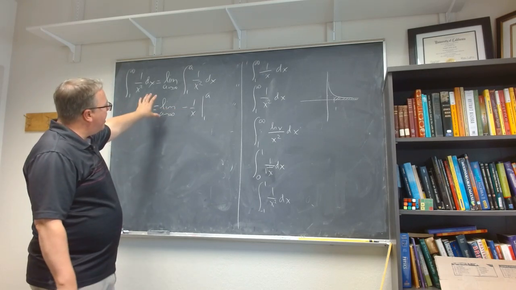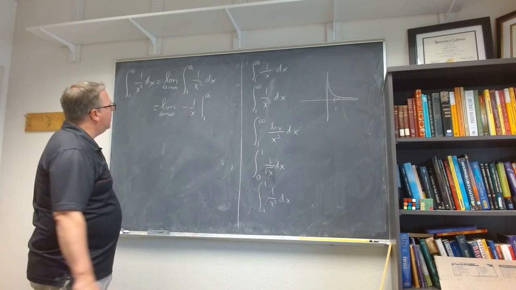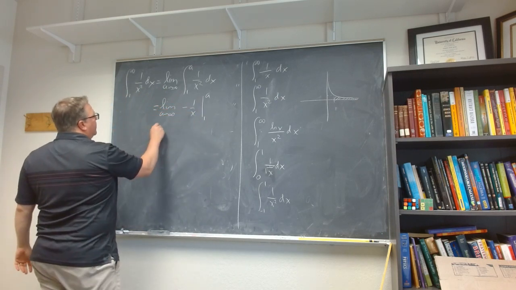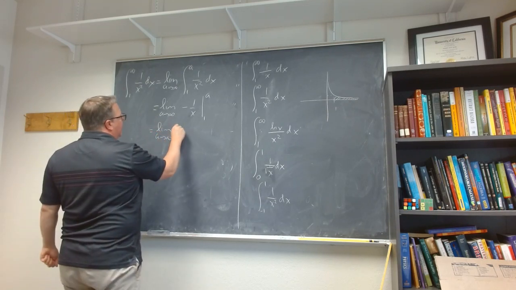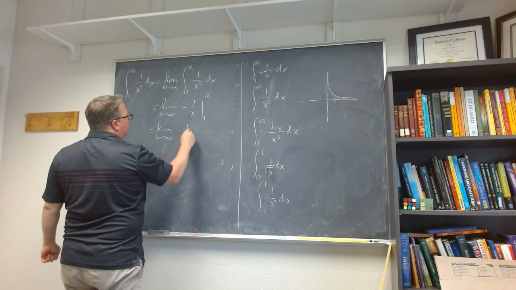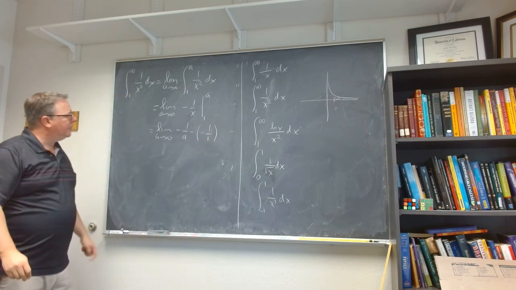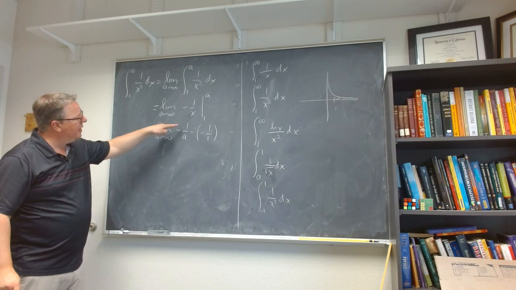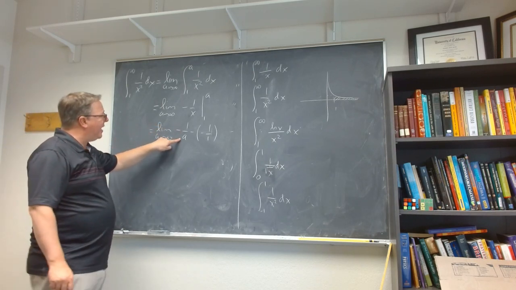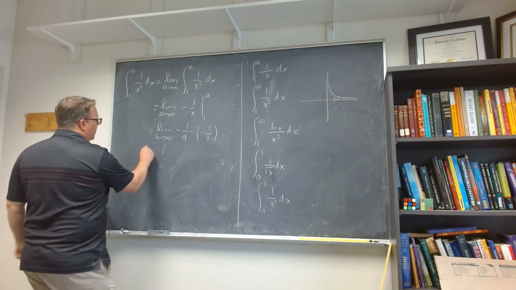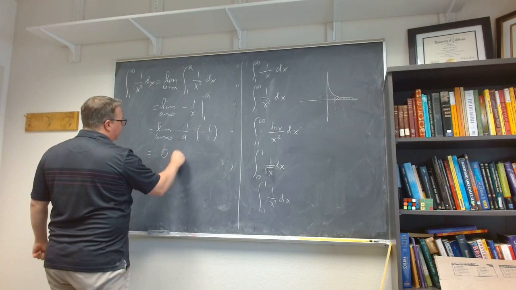So now that we have our antiderivative, we're going to plug in a, and then we subtract when we plug in 1. So this will become the limit as a goes to infinity of negative 1 over a minus negative 1 over 1. Now as a goes to infinity, 1 over a goes to 0. So this actually becomes 0. And minus negative 1 becomes positive 1.